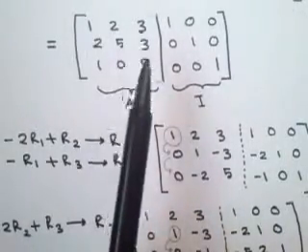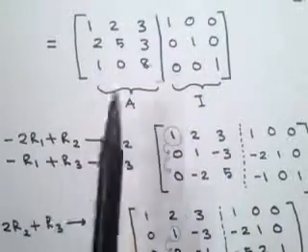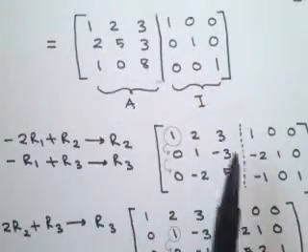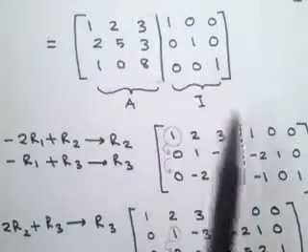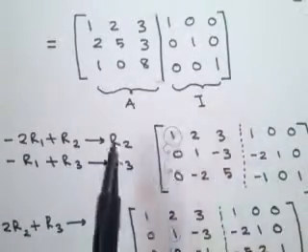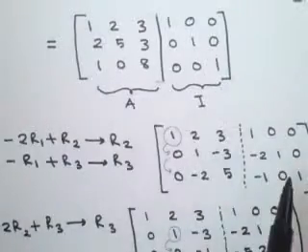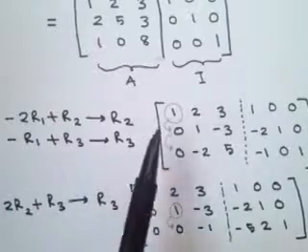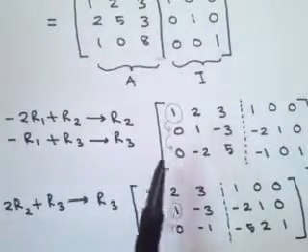Then -3 plus 8, we get 5 here. Then -1 plus 0, we get -1 here. Then -0 and 0, we get 0 here. And here 0 plus 1, we get 1 here. So we have got our first leading one, and below that leading one we got the zeros.